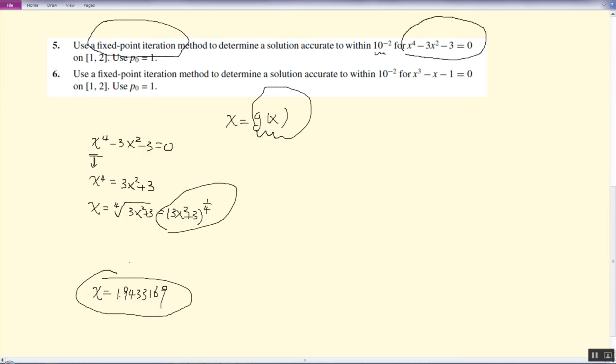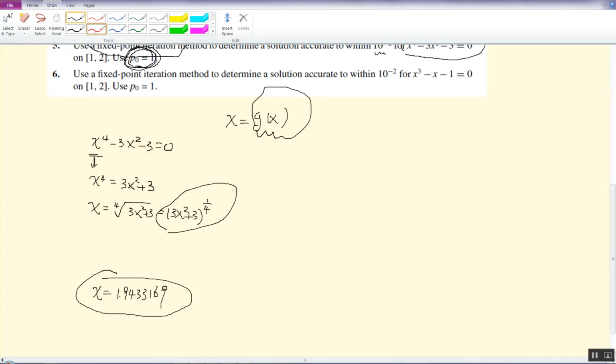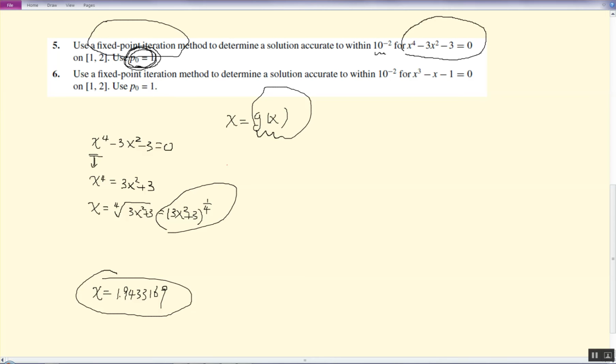Okay, so this is what I have, and I did use the initial value indicated by the problem, p0 equals 1. Now some of you may ask, is this answer unique? No, it certainly is not unique. It really depends on what g of x you use, right? In this particular problem, you could certainly rewrite this roots finding problem into another fixed point problem.